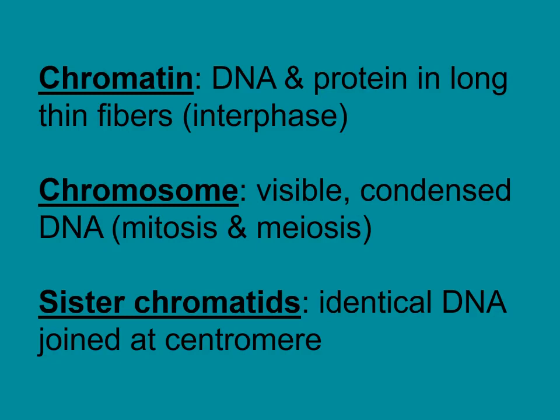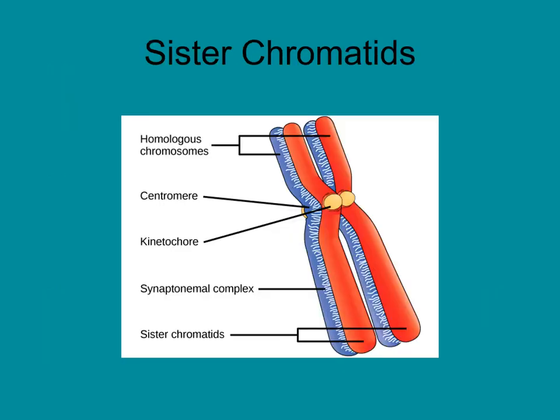Sister chromatids refers to when you have the identical DNA, you've made a copy of it, you've replicated, but the two are still attached in the middle. So you have your chromosome. It's tightly coiled. You have one here, and it made a copy during DNA replication, but there's a little area where it is still attached.